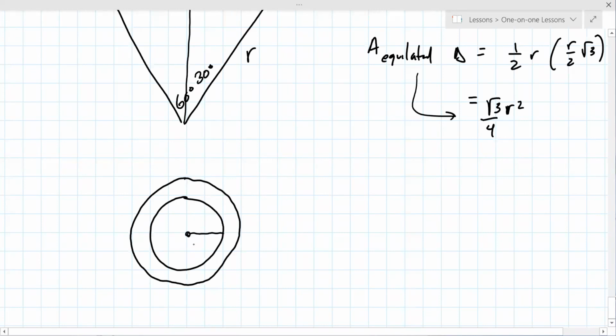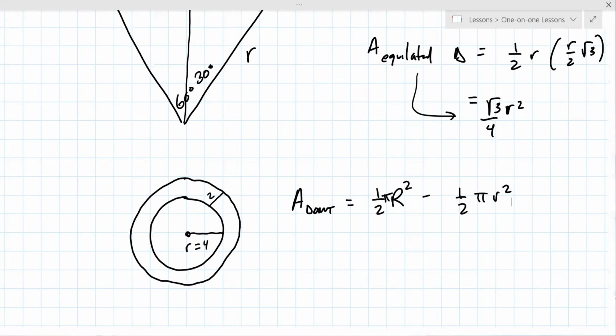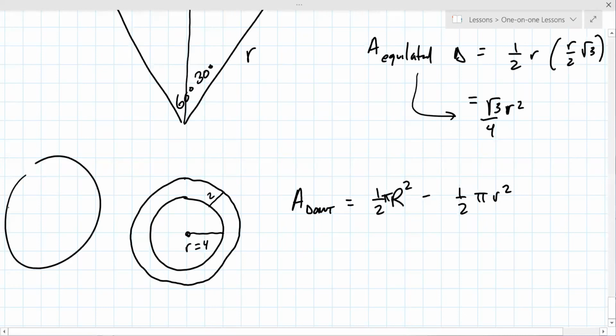Let's say the radius here is 4, and they tell you that this distance here is 2. So the area of the donut is 1/2 big pi R squared minus 1/2 pi little r squared. More generally, it's the area of the big circle minus the area of the little circle.